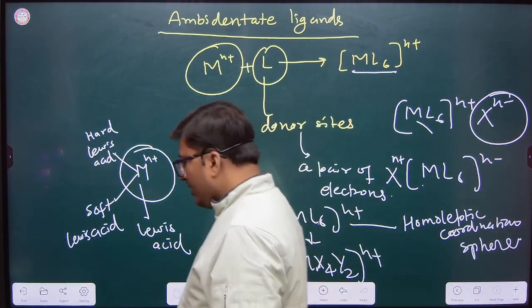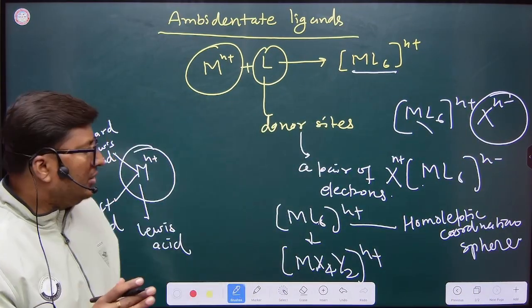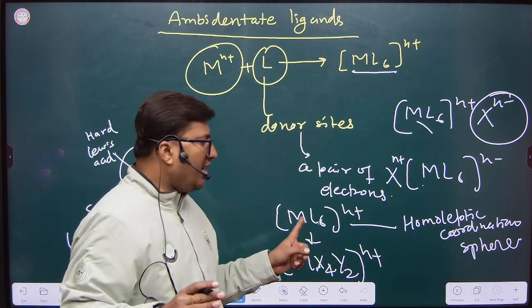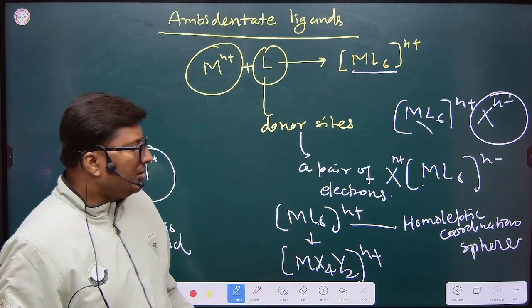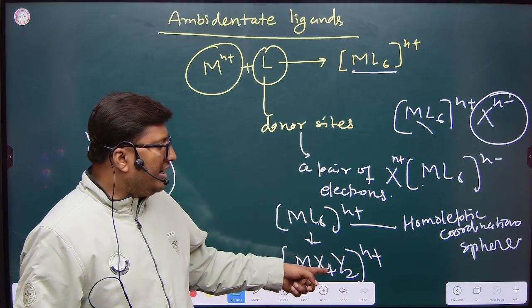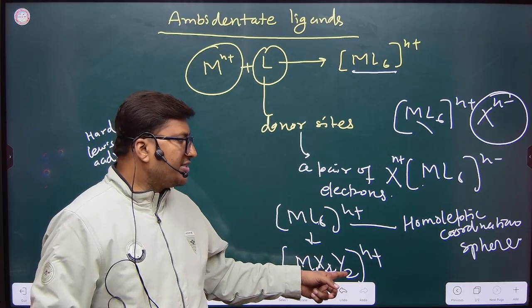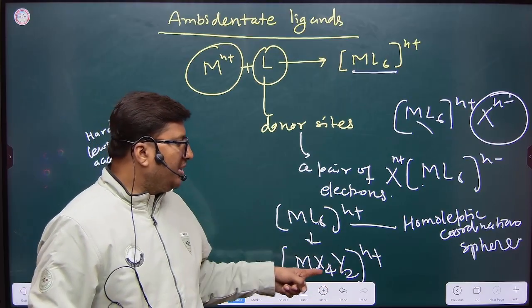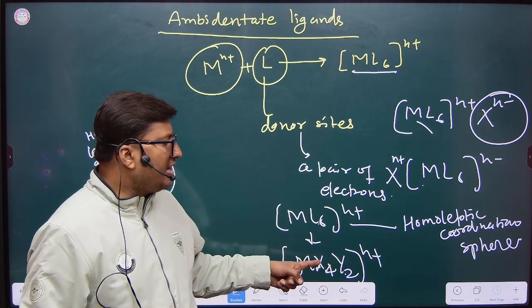Or there may be different types of ligands in the coordination sphere that are directly bonded to this metal cation. For example, there is a metal where 4 ligands are the same and 2 ligands are the same but different from the first. So in this coordination sphere there are 2 types of ligand, X type and Y type.